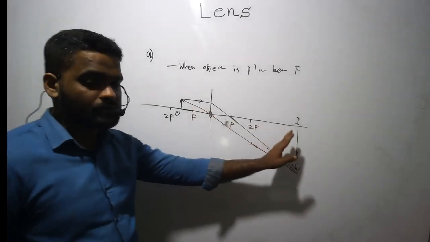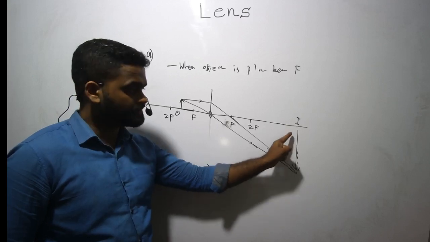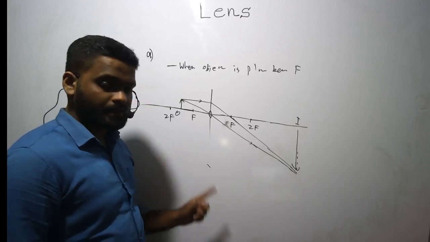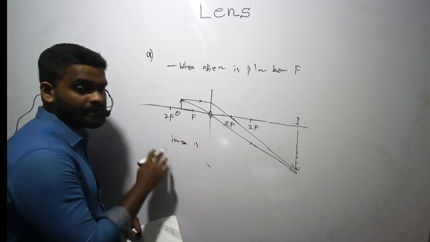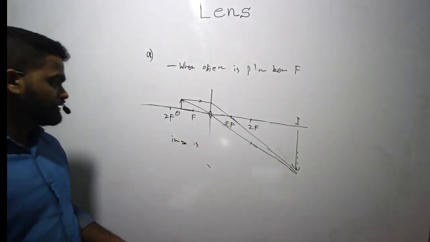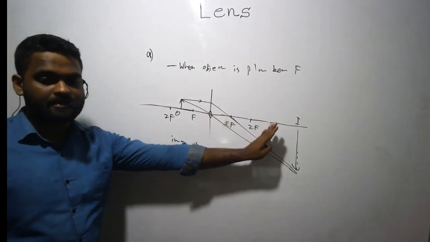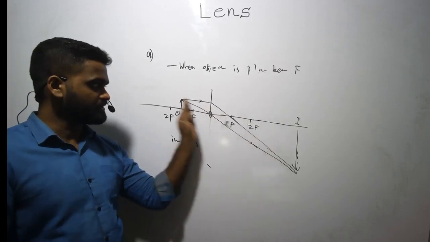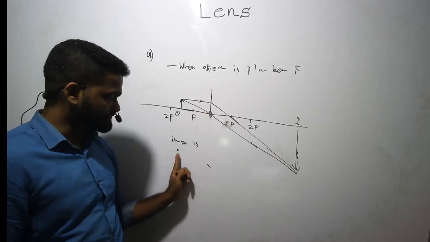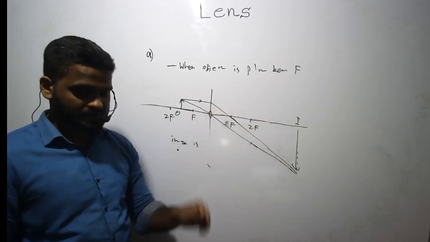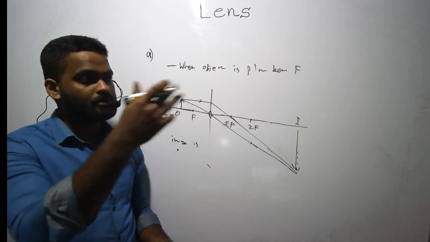Once you know the position, you should be able to say the properties of this. Write down below this: the image is, first point, formed behind and beyond f.